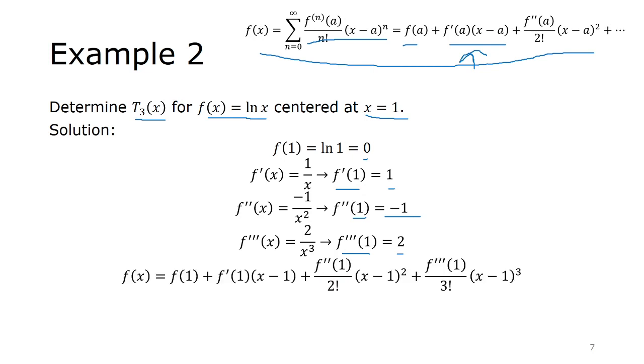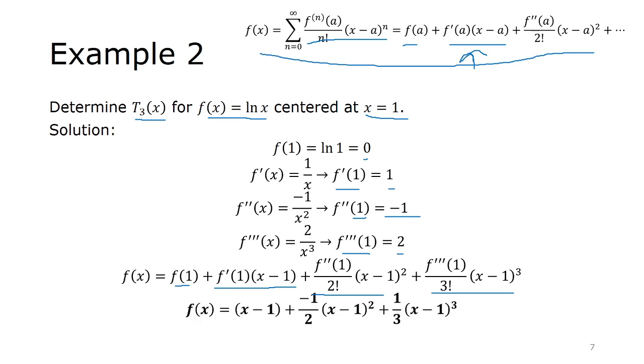And so to list it out, we can do it, right? We've got, following the formula, f of 1 plus f prime of 1 times x minus 1, and so on and so forth. So we'll plug in those coefficients that we just calculated. The first term goes to 0. The second term, there's that coefficient of 1. The negative 1 here. This 2 comes from the 2 factorial in our formula, times x minus 1 squared.